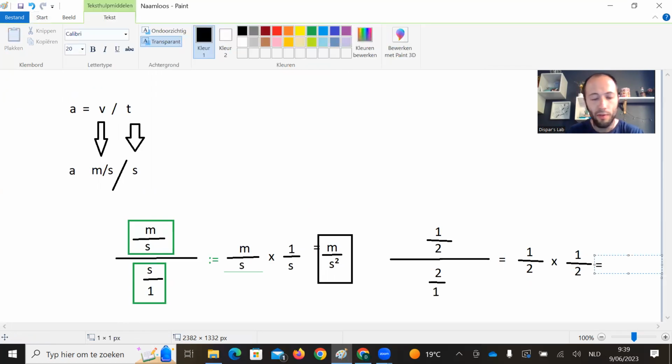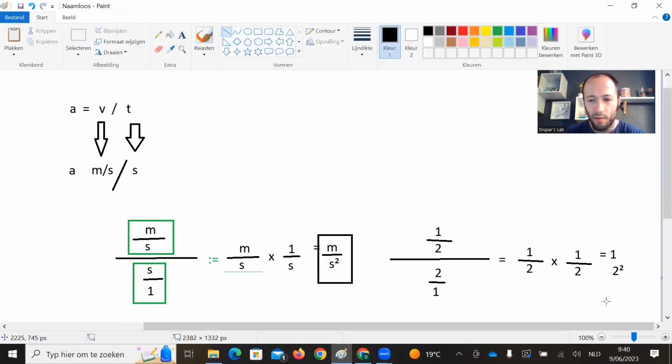That equals 1/4. Now, of course, since we're using numbers, we can directly use the number 4, but with units, s times s doesn't give you a number, so we have to write s squared. So instead of writing 4, we can use 2 squared. So 1 over 2 squared is a shorter way of notating 1 over 2 divided by 2 over 1. It's just a shortcut.